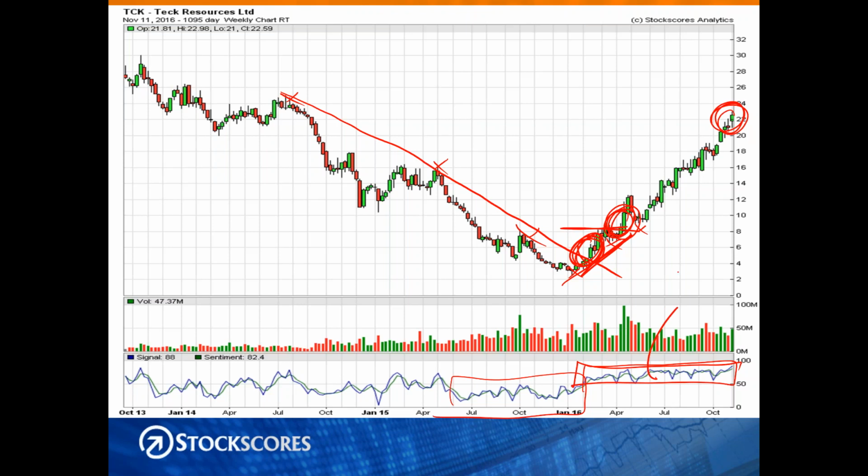Every stock starts with 50 points, and I add points for good things like breaks through resistance, like abnormal price moves to the upside. Those get positive points. Falling tops, those get negative points. Falling through support, those get negative points.